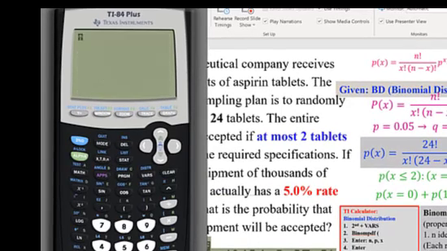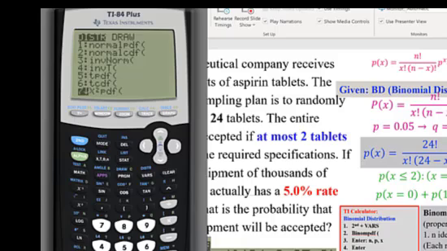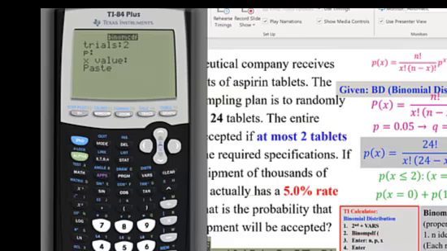To quickly show you that, over here is the second key, the blue one. Second variables. So you scroll it down with the arrow. You see the first one is binomial PDF. The second one is binomial CDF. You enter 24, the n value, enter.